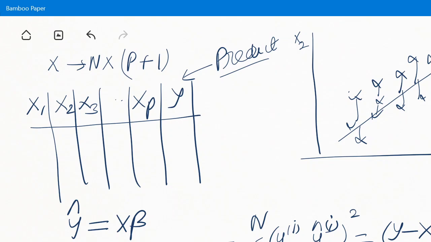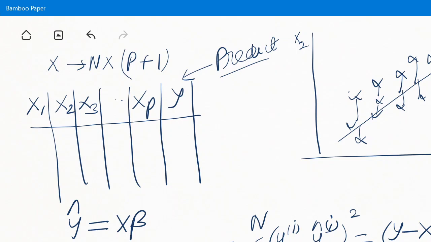To get the betas where the minima occurs for this function, we need to equate this to 0, which will give an estimate for beta as x transpose x inverse x transpose y.